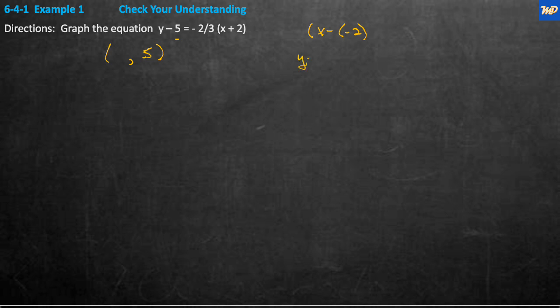It was y minus y sub 1 is equal to m times x minus x sub 1. Okay? So don't forget that minus there. And if this is positive there, that means that it had to be like I've drawn it here, which means it's negative 2. So the x value is negative 2.